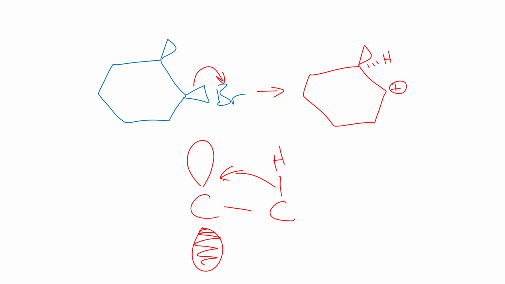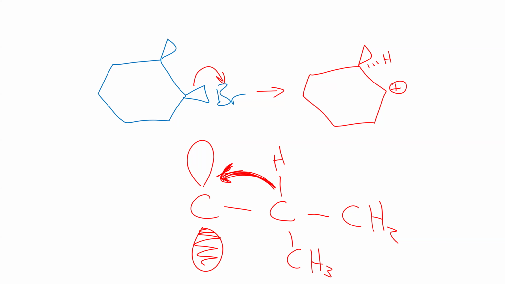But if this carbon is actually tertiary, these electrons get dragged all the way over, and they bring, I made this kind of messy, sorry. That's okay. It basically drags the hydrogen with it. And then they're kind of the same.